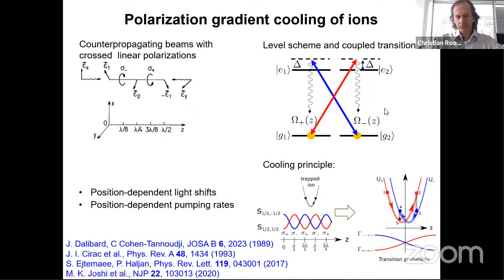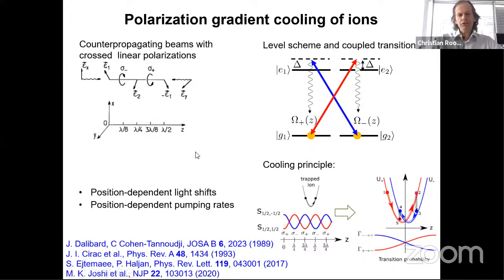And now there are two effects that need to be considered. One is that you get a spatially dependent optical pumping rate, because there are some locations where the ground state G1 gets pumped out and the population gets pumped into the state G2. And in other locations, the opposite happens and the population gets transferred from G2 to G1.